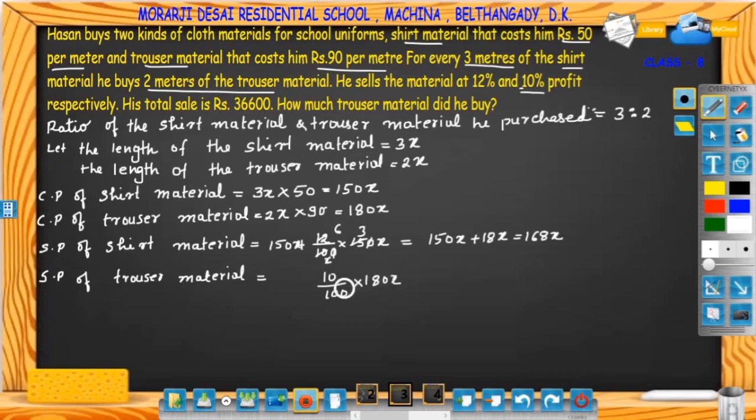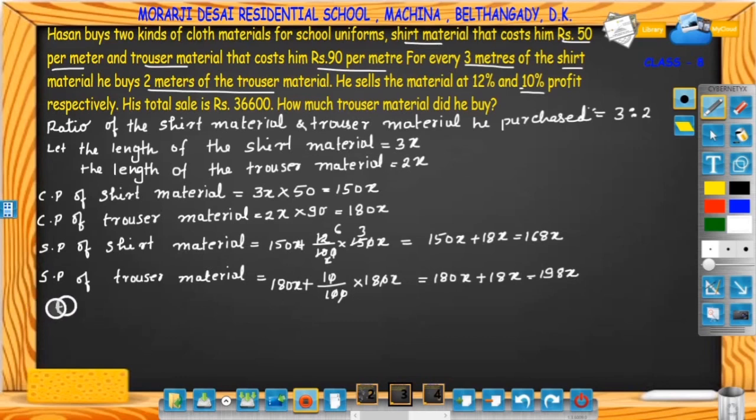If you want the selling price, add the profit to the cost price, that is 180x. So selling price of trouser material is equal to 180x plus 18x is equal to 198x.